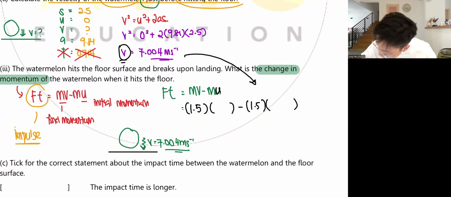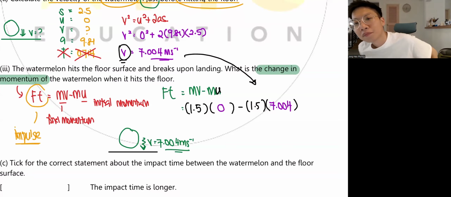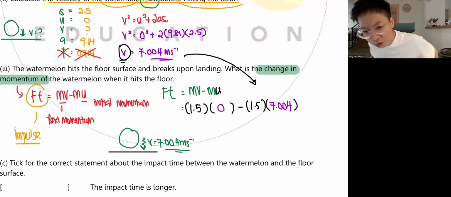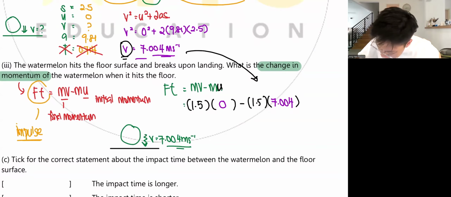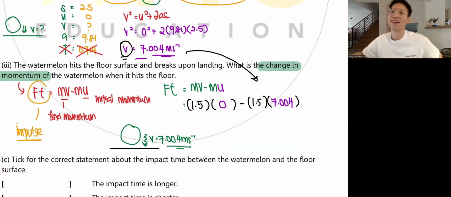Watch me. I will sub this into the 7.004. Do you know why or not? And then my final is 0. Do you know why? Try to picture it first. Why here this is V, but when I sub here, I will sub it into the U?